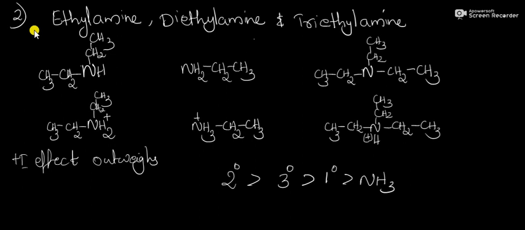Next example is the basicity of ethylamine, diethylamine and triethylamine. Obviously, all the 3 amines are more basic than ammonia due to the plus I effect of the ethyl groups. It will increase the electron density on the nitrogen atom and it also increases the basicity.